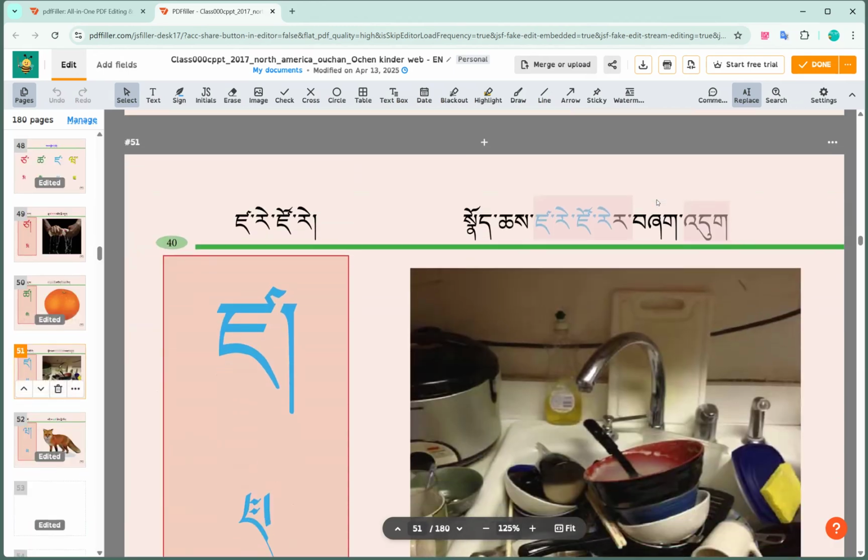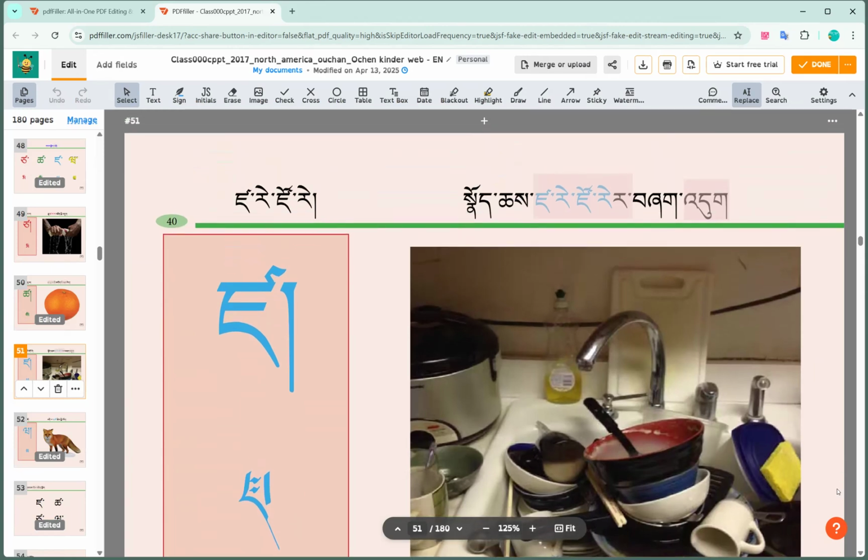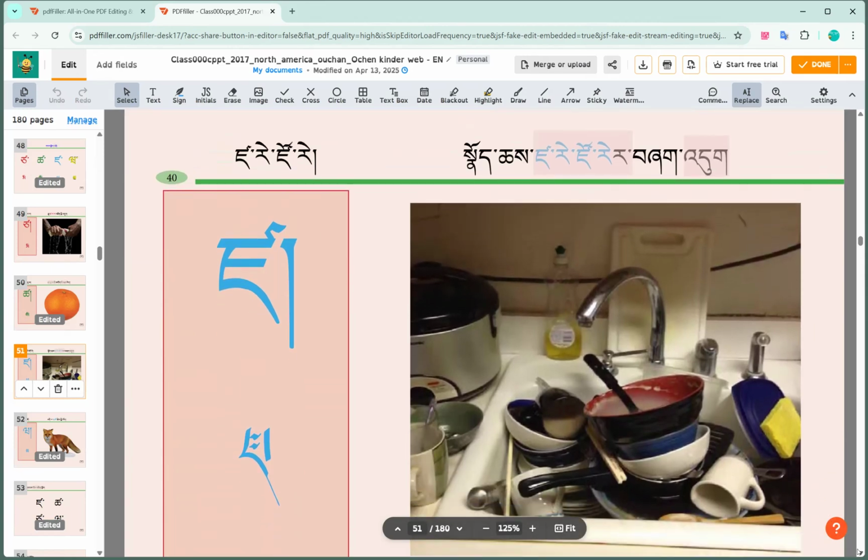Let's have a look at the next one. So for the letter tsa, you have the word tsare.